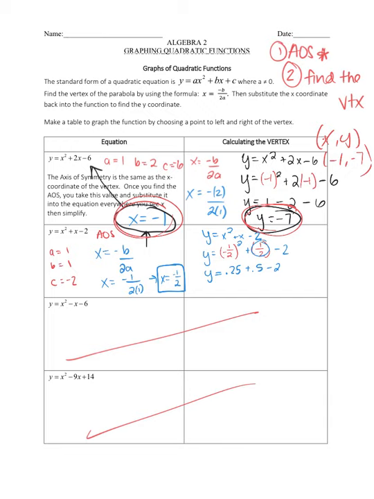I know you guys don't have a calculator in front of you, but if you do, I want you to go ahead and do this out. So I made a mistake, and we can't forget that this was a negative half, right? So this becomes a negative 0.5, right? So 0.25 minus 0.5 minus 2 gives me a negative 2.25.